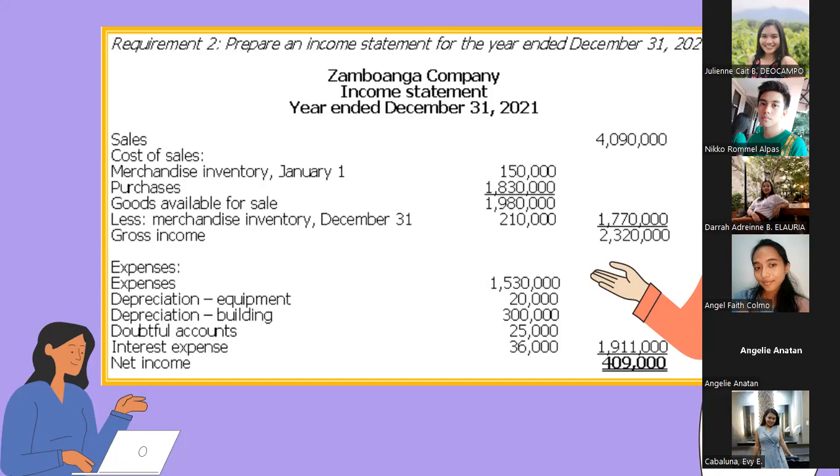We have here Zamboanga Company income statement, year ended December 31, 2021. We have sales of 4,090,000; cost of sales: merchandise inventory, January 1, 150,000; purchases 1,830,000, equals goods available for sale of 1,980,000, less merchandise inventory December 31 of 210,000.